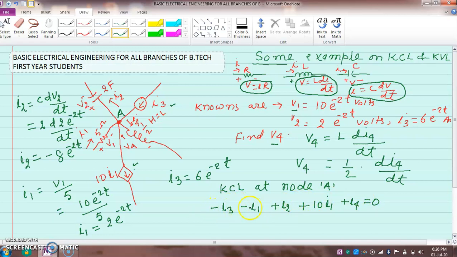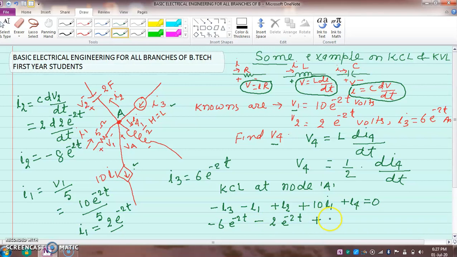Every current is known except I4, so we put in the values: I3 is 6 e to the power minus 2t, minus I1, which is 2 e to the power minus 2t, plus I2.